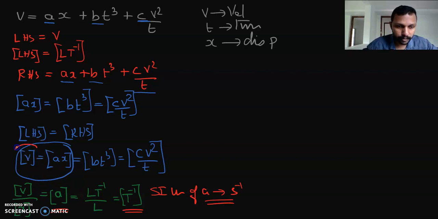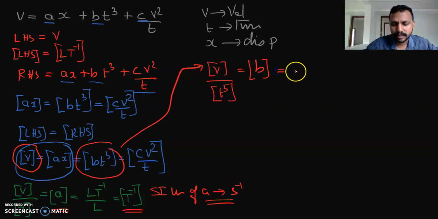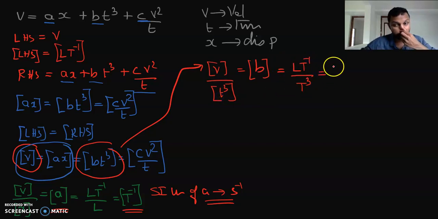In a similar manner, we equate the dimensional formula of v to the dimensional formula of bt³. The dimensional formula of b is the dimensional formula of v divided by the dimensional formula of t³. The dimensional formula of v is LT⁻¹, divided by T³. Taking it to the numerator, we get LT⁻¹⁻³, that is LT⁻⁴. This is the dimensional formula of b.